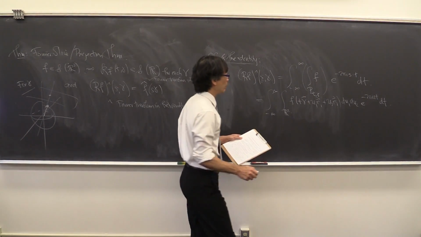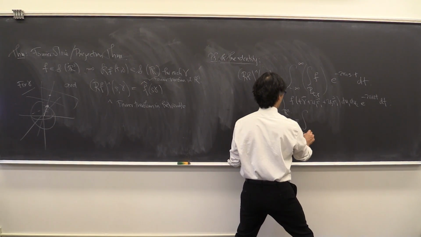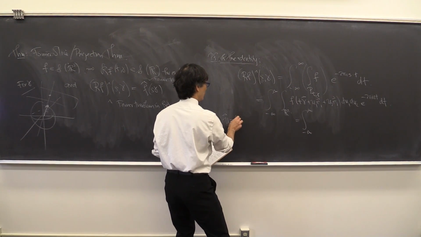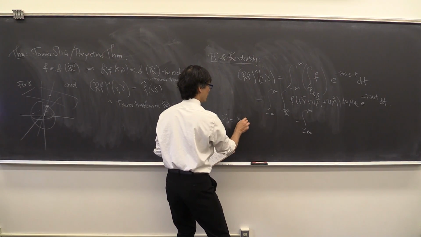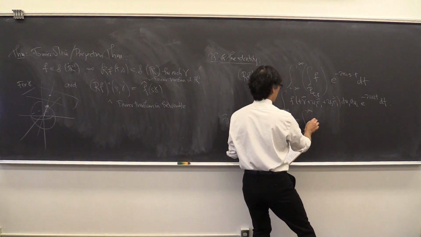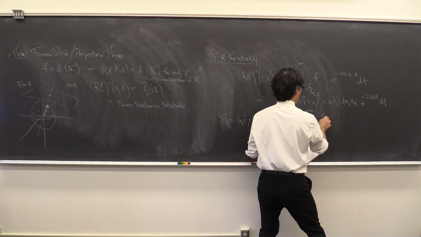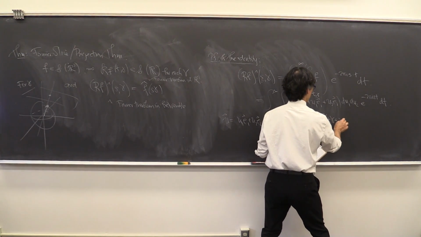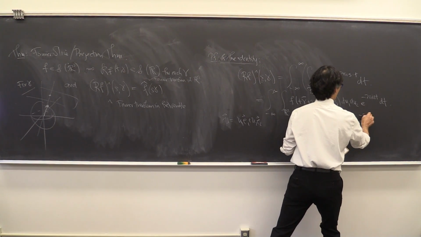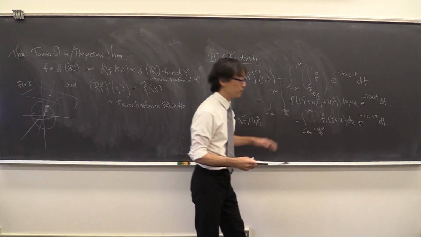Okay, which we'll rewrite again using u as u1 e1 plus u2 e2. We'll rewrite that as f of t gamma plus u, du, e to the negative 2 pi i s t dt. That's not that important.